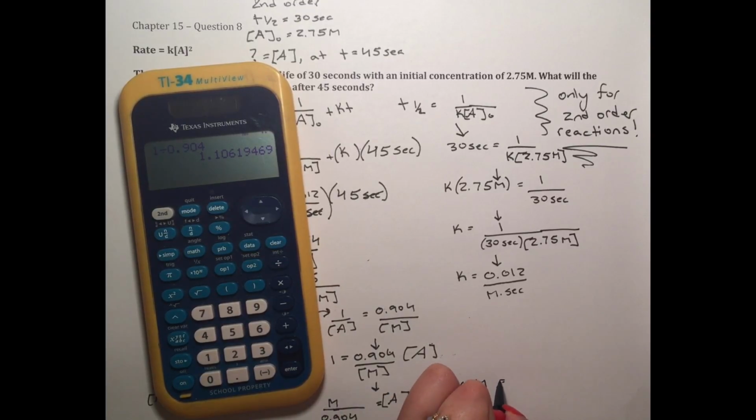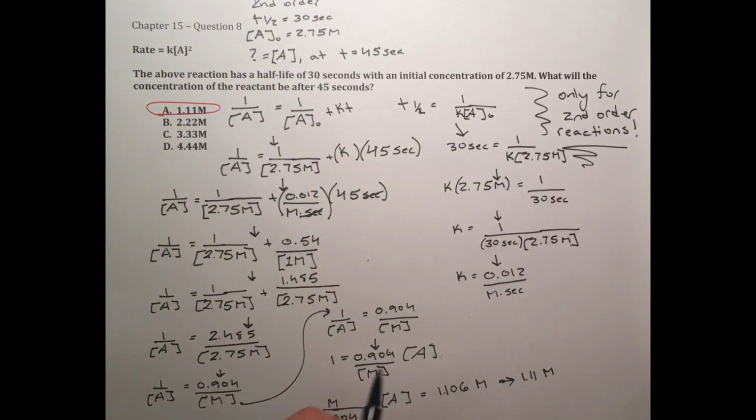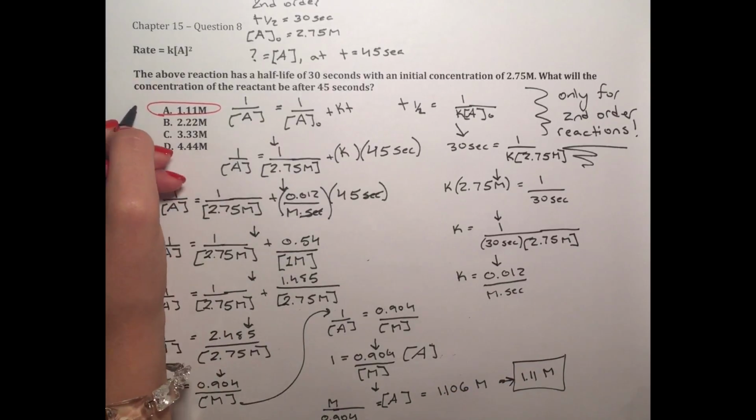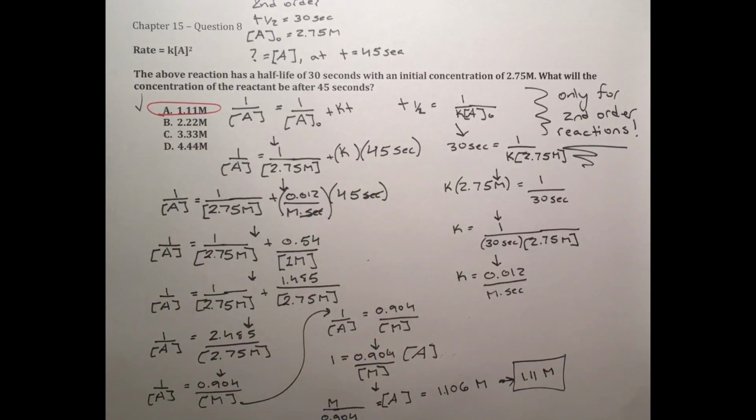And we can simplify that to 1.11 molar. So that's the answer that we have found. It matches the one that we were given, and I hope this video was helpful.